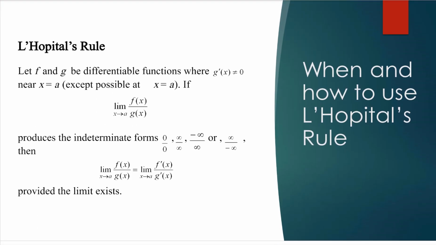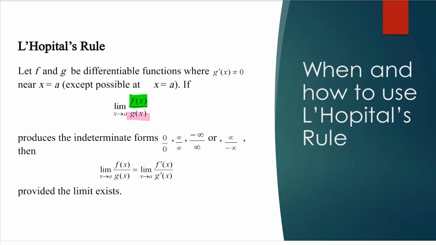L'Hôpital's rule. Ooh, lots of words. Let f and g be differentiable functions where g prime of x does not equal 0 near x equals a, except possibly at a. Okay, ignore all that for right now. Lots of words. Cool. So you've got the limit of something over something else.